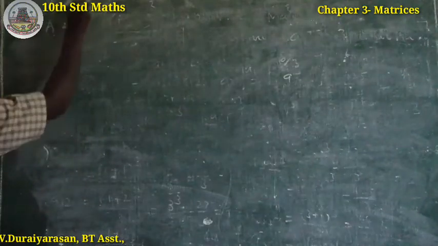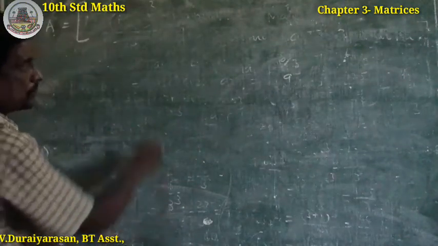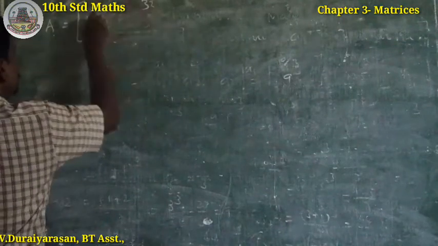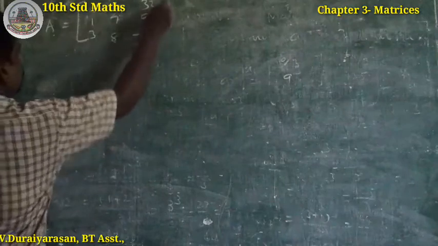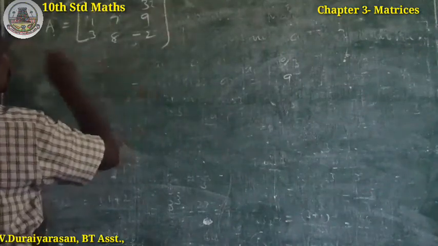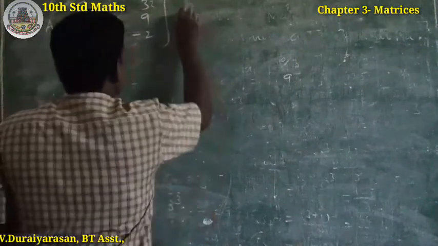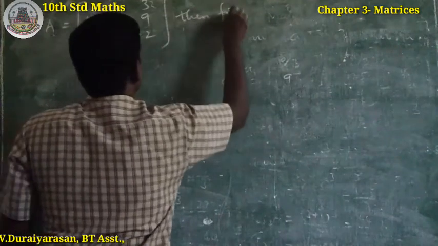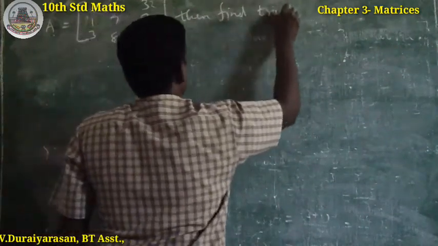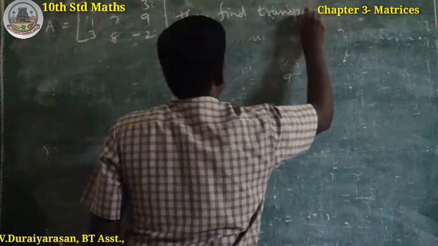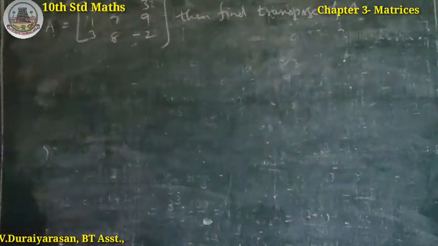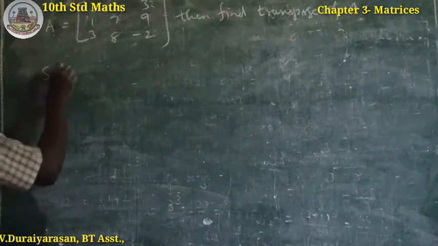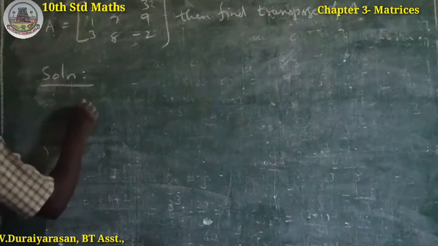If A is equal to 5 4 3, 1 7 9, 3 8 minus 2, then find the transpose of A. Transpose of a matrix is very simple. What is the given matrix?